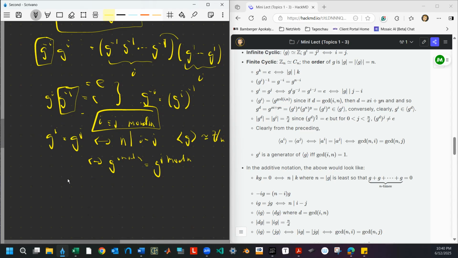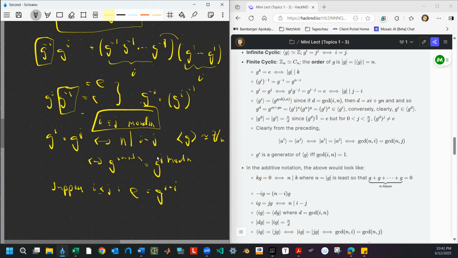So how do we prove that? Well, we're just going to use the thing above. Suppose i is less than or equal to j. If it's not, we can flip it around the other way. Then I can multiply both sides by g^(-i), and so I get e is equal to g^(j-i).